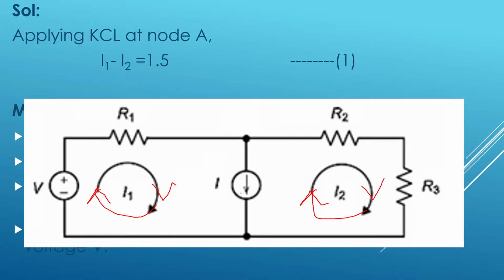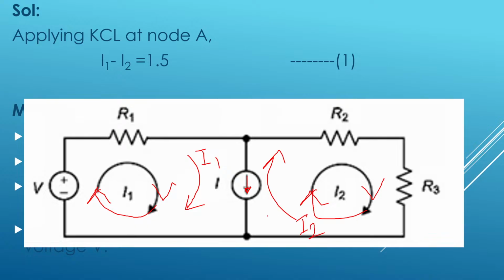Observe beside this current source, whose magnitude is I, the current is flowing downward, isn't it? This is the arrow mark. The I1 current is downward. What about the I2 current? It is upward.